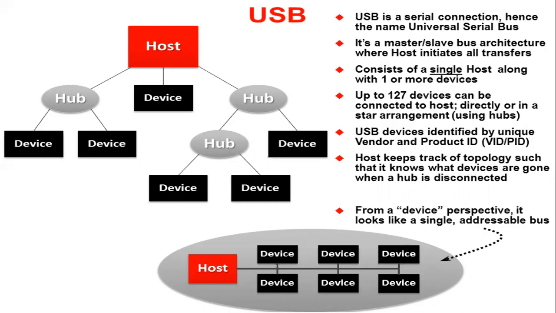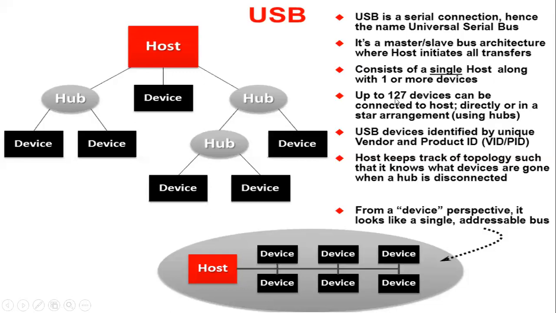USB also works as master and slave, and it consists of one master and many slaves. That means a single host, a single master, and many slave devices are available.